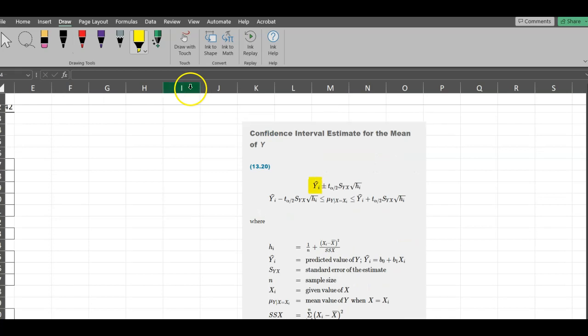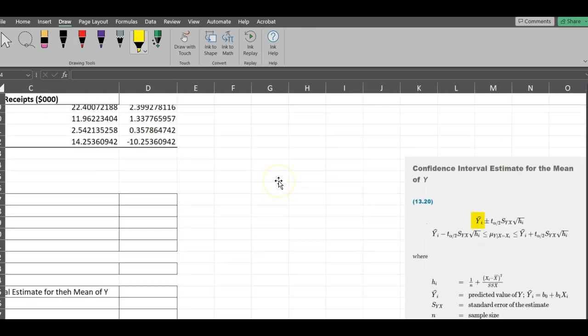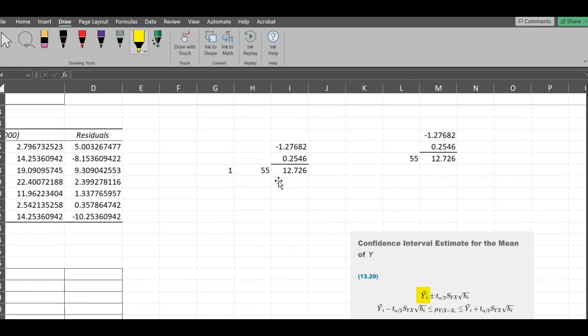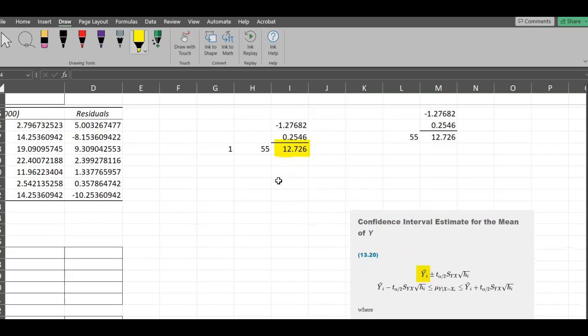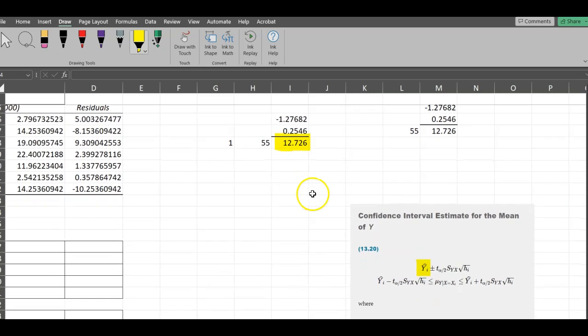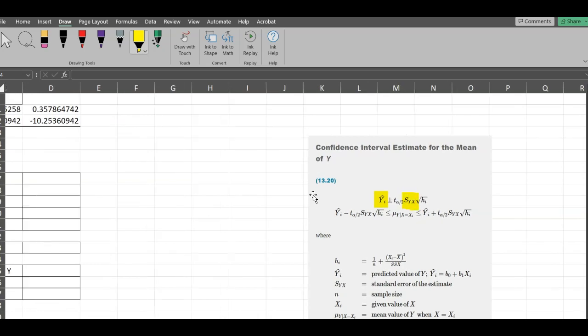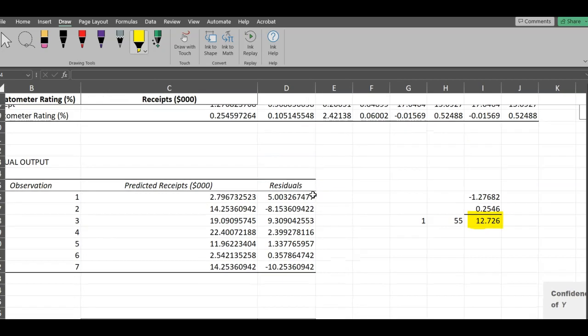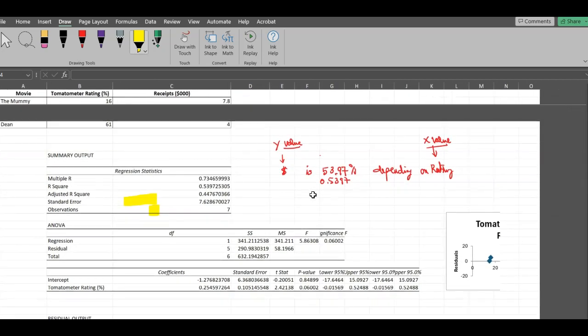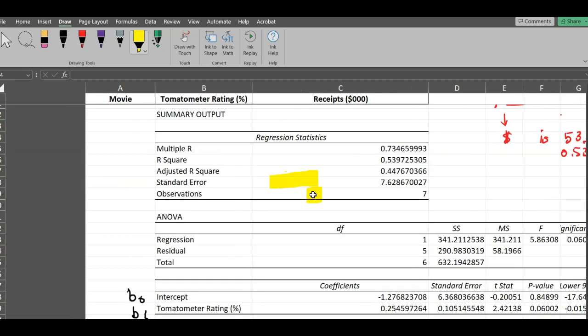So that's for 55, and that was already calculated. This is the 12.726. We did it earlier. Now we need the SXY. SXY is already given to you by the table. So it's right here. That's the standard error.